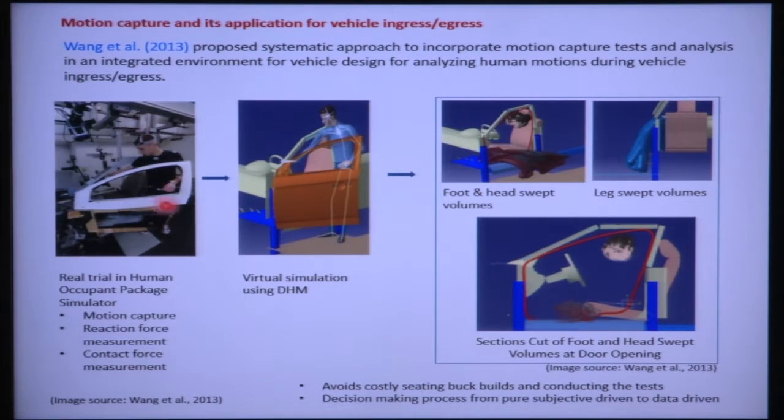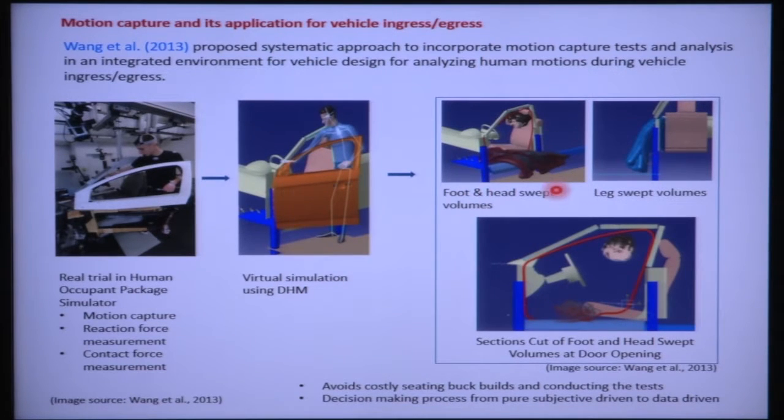Following the real driver trial, the data collected through the camera based motion analysis system was transferred to CATIA, and in this software they evaluated how the ingress egress process can be evaluated in the virtual environment of CAD software. So, this is a visual simulation of digital human modeling.